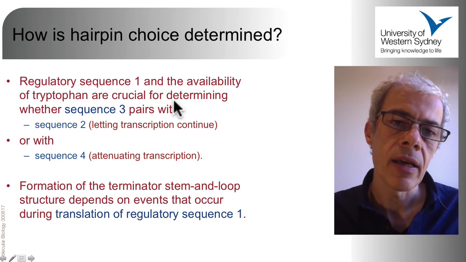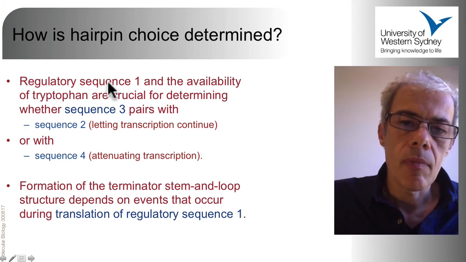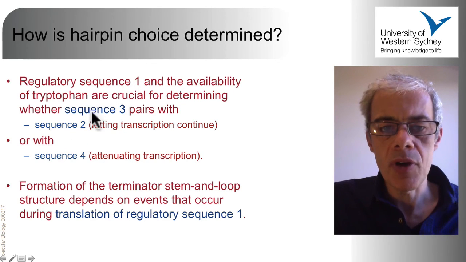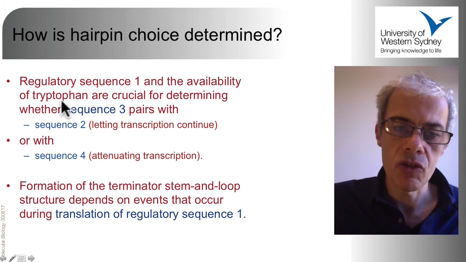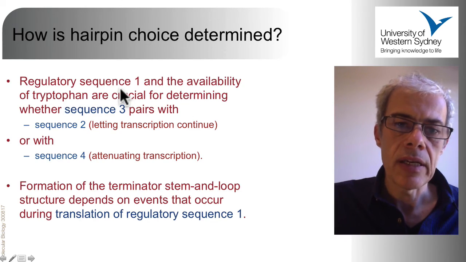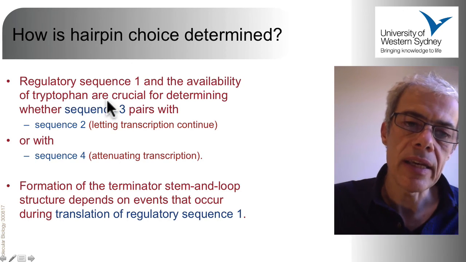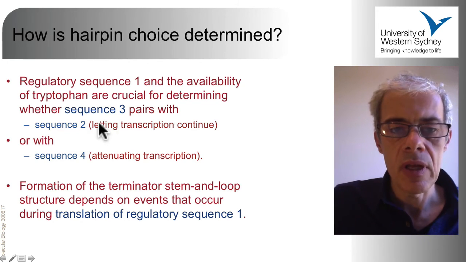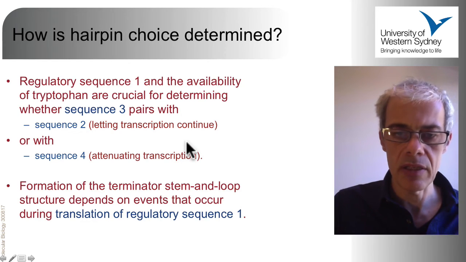So the regulatory sequence 1 also codes for a very small protein, and that protein contains two tryptophan residues. As sequence 1 is translated, it determines whether sequence 3 will base pair with 2 or 4, and I'll show that in these diagrams.